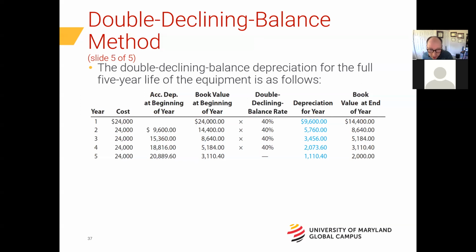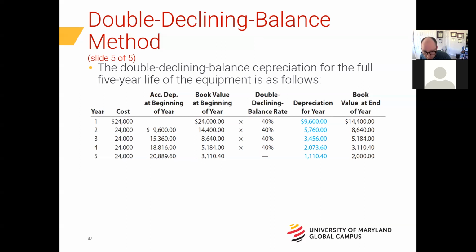Now you see at the end of year five, I have the following information. The beginning year value, 40%, 1,110.40. Remaining book value, end of year five, 2,000.